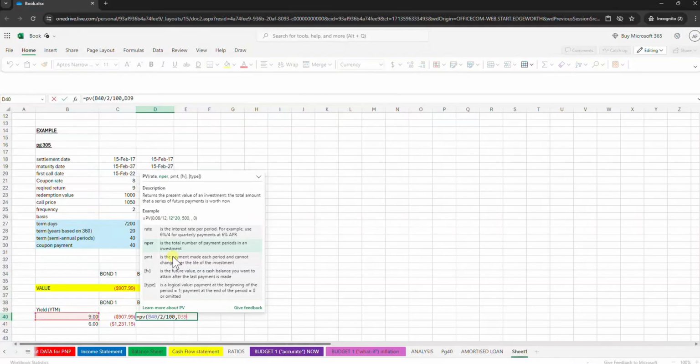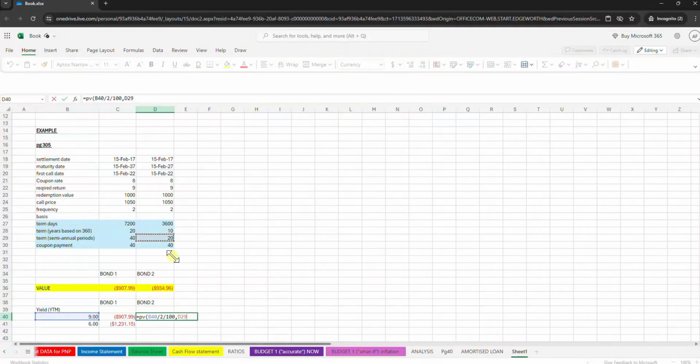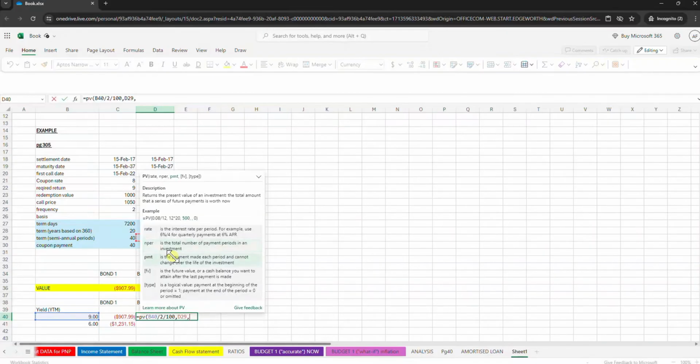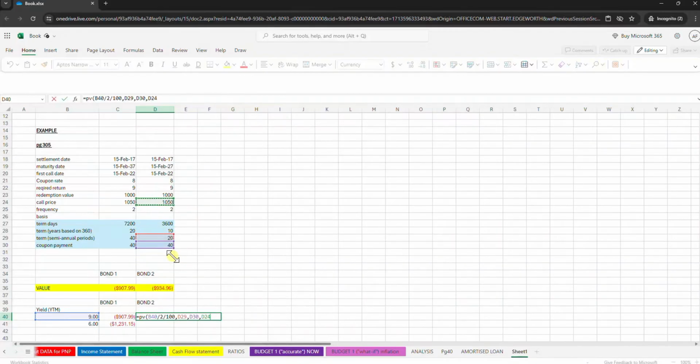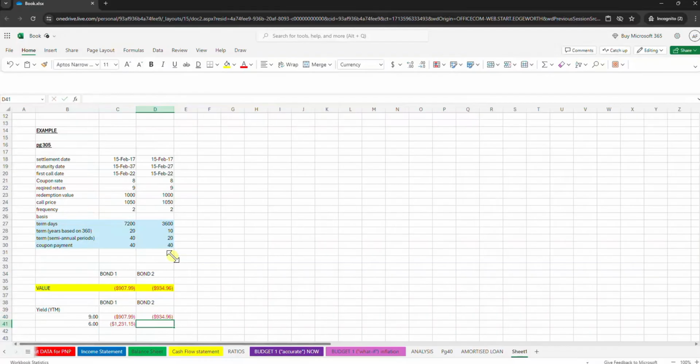Okay, the N is the number of periods, 20, the payment, coupon, 40, the future value, 1,000. Okay, right, I get that figure. What is wrong? Oh, I see.